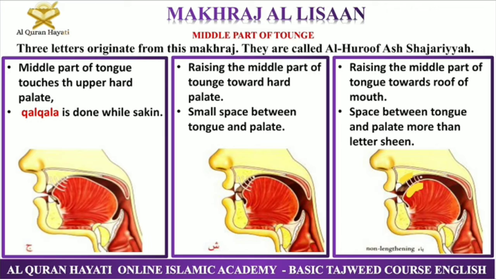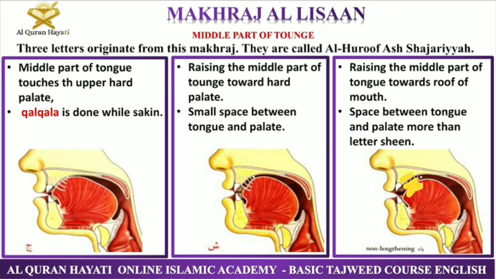So the sound of ya is very soft, like ya, ya, ye, you. But if you leave only a little space, it sounds like yeah, yeah. A vibrating sound will be produced when you leave a very little space between the middle part of your tongue and the upper hard palate.